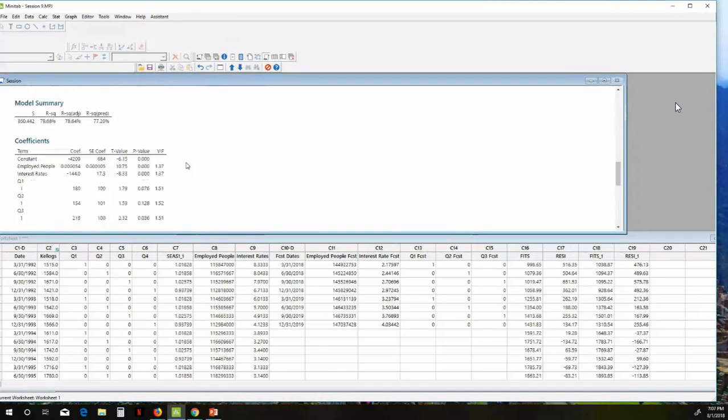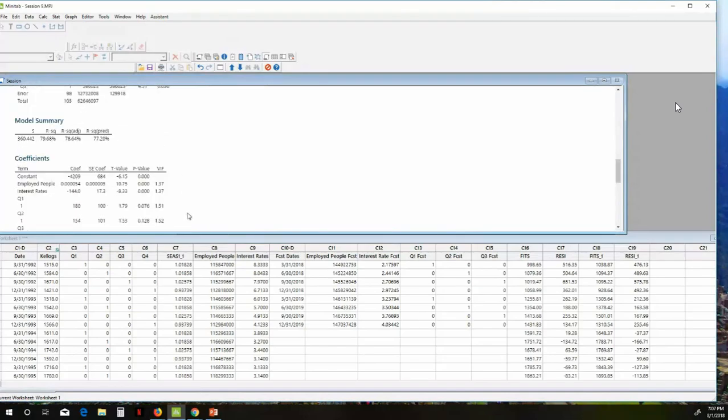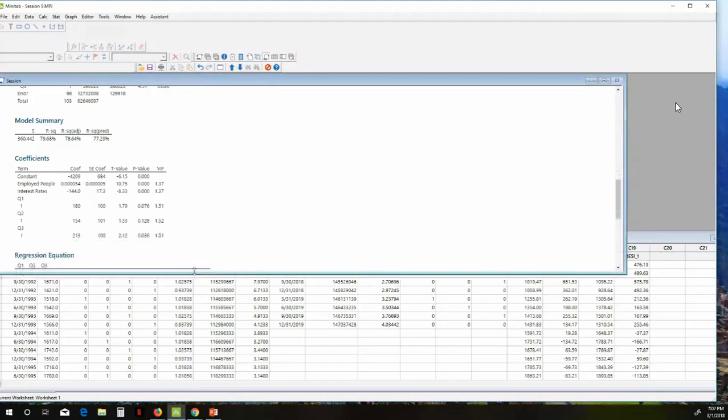So, did we manage to get one of those seasonal dummies to be significant? Yes, we did. Q3 is significant, and that means we can use the other two dummies. Dummy variables for seasonality are the only variables that are treated as a group.